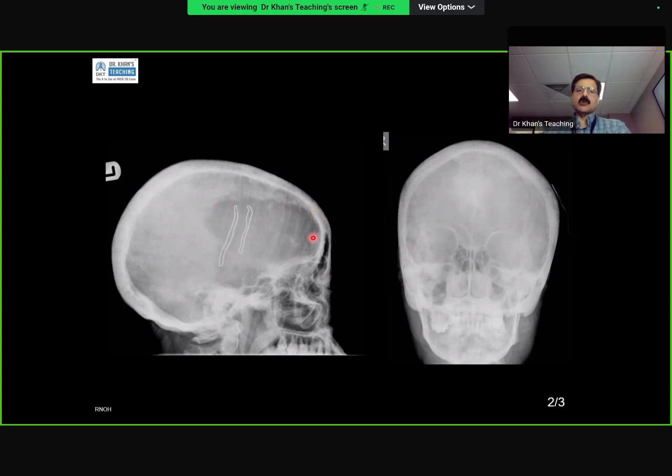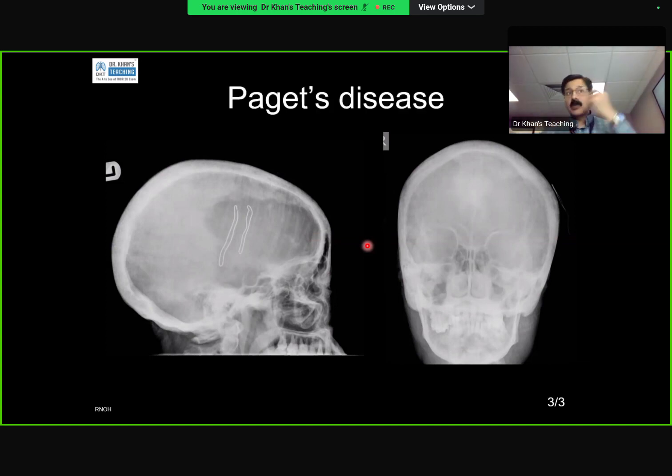We call it osteoporosis circumscripta, and this is classical Paget's disease. Paget's disease should be discriminated from fibrous dysplasia, and in fibrous dysplasia, usually the calvarium is not as much involved as the base of skull as well as the facial skeleton. But I'm not covering fibrous dysplasia right now. We will cover it more elaborately in head and neck. So this is a case of Paget's disease.